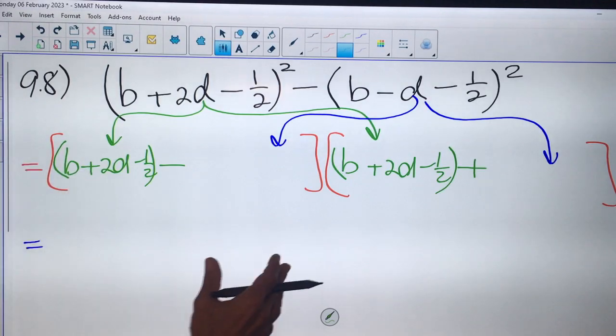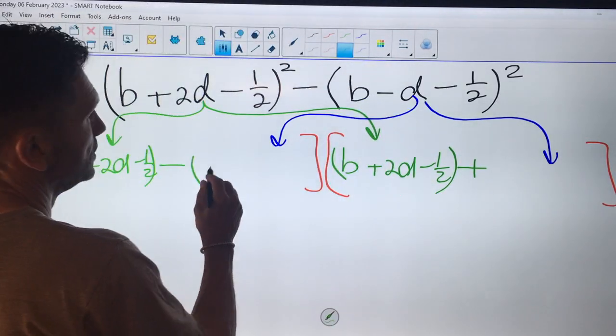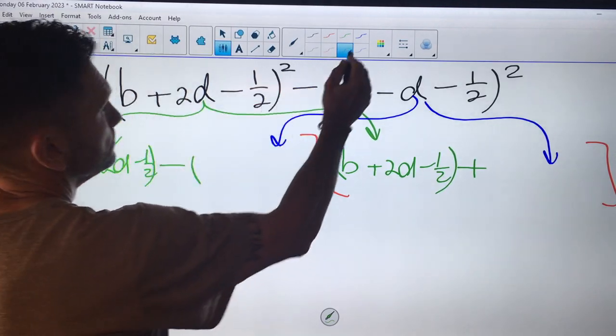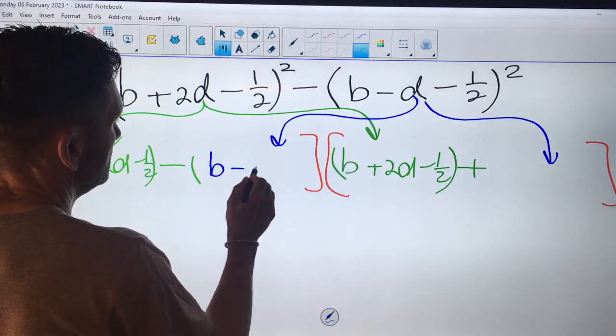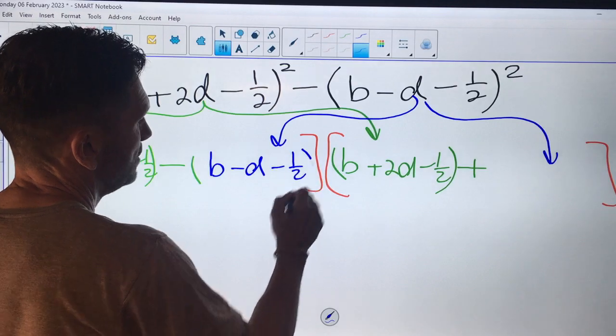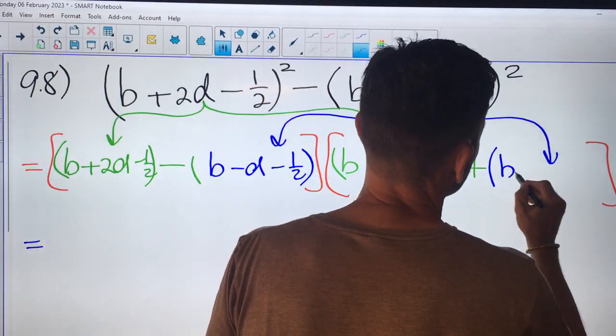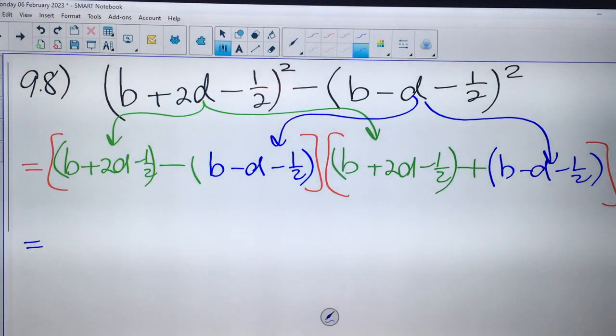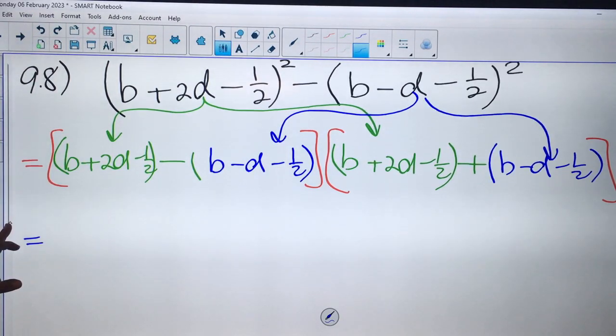And then this in blue is going to be b minus d minus a half, and b minus d minus a half. This is definitely your level 4 question.